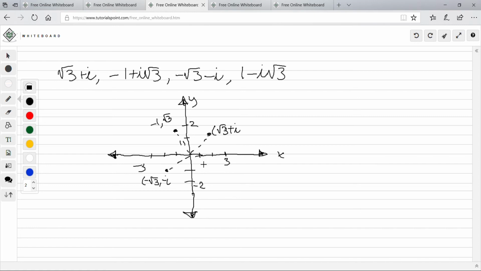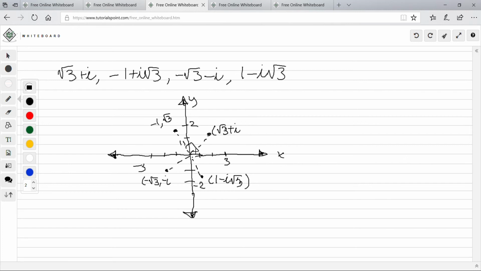Here's 1. Negative root 3 is about 1.7. Right here. And this is a 90-degree.